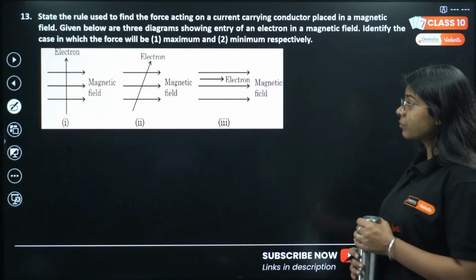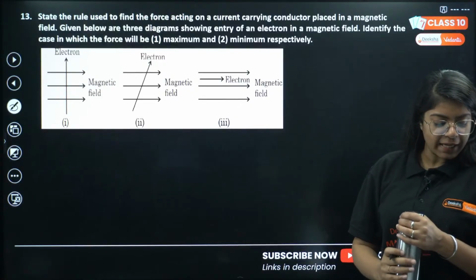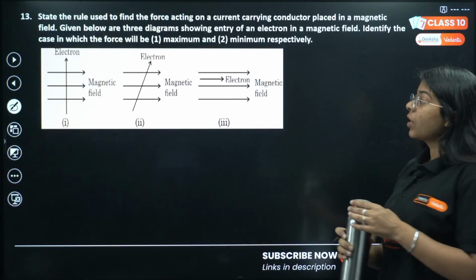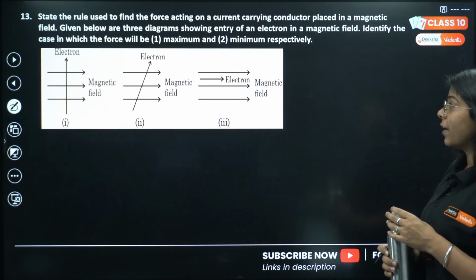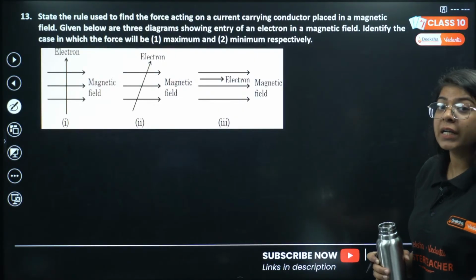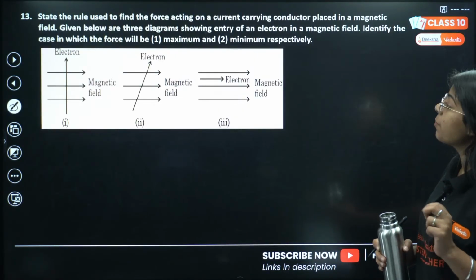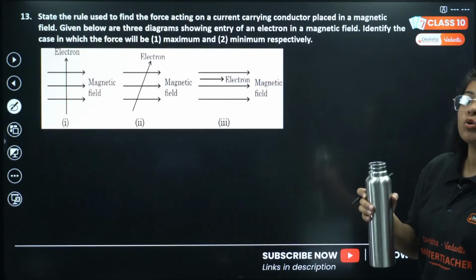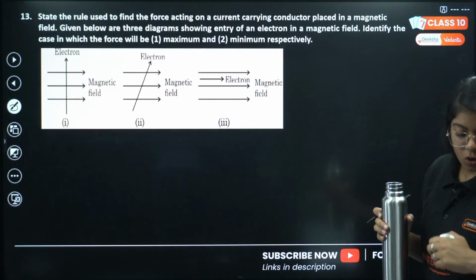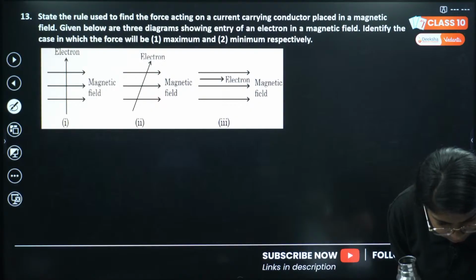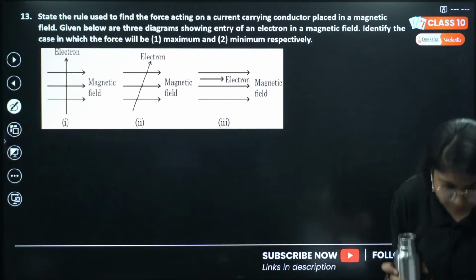Okay? Read this question carefully and let me know if you know the answer. State the rule used to find the force acting on a current carrying conductor placed in a magnetic field. Which is the rule that we use to find force? What are you writing?